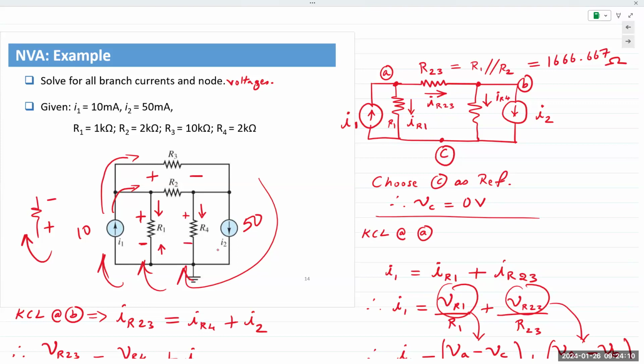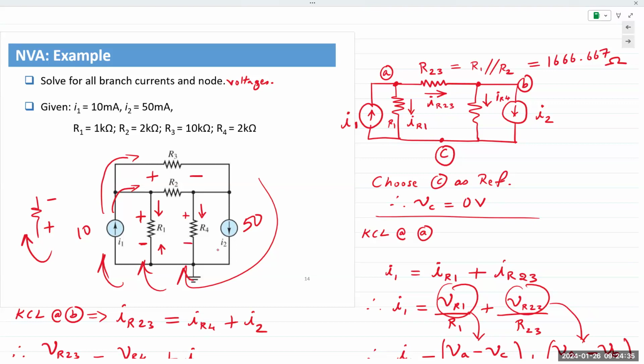The question was about the reference node, and the answer is yes. You can choose any node as your reference node. Once you choose it as a reference node, it is automatically assigned a value of 0 volts, but only for that analysis. In this example, I chose C as the reference node, so VC was 0. If I choose A as my reference node, VA would be 0, and so on.